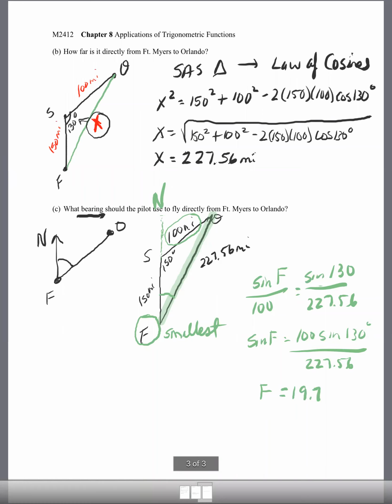If we go to 1 decimal place, 19.7 degrees. This is the bearing. So we would say that the bearing that the pilot should use would be 19.7 degrees. The minute we say the word bearing, they know it's from the north. Okay.